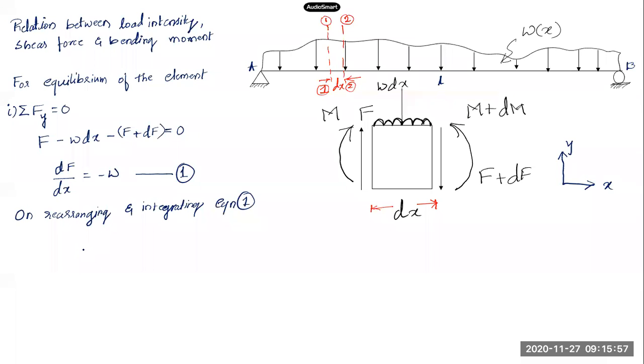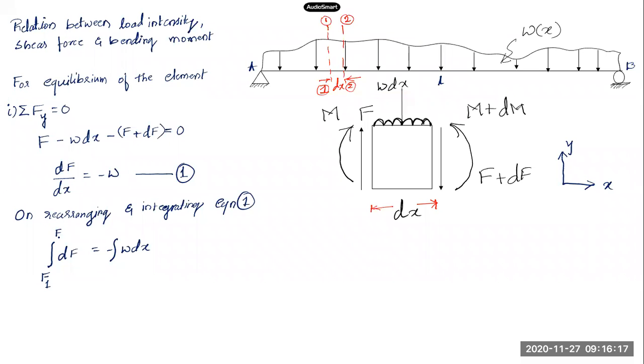So what I have is integration df is equal to integration minus w into dx. This is between f1 and f2, between two sections.